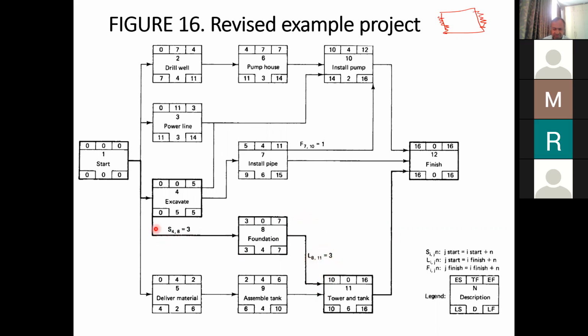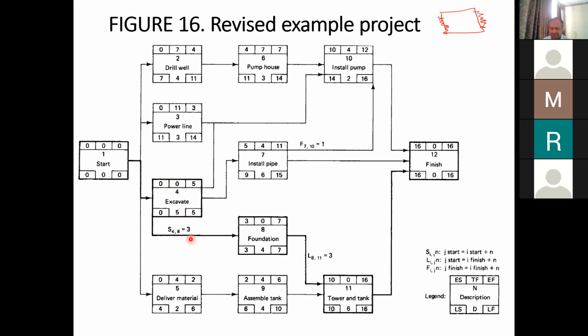The third change over here is to introduce a start to start relationship. It is found that we don't have to wait for the excavation to finish to start the foundation. The project manager or the construction manager has said that we don't have to wait for the excavation to finish completely.